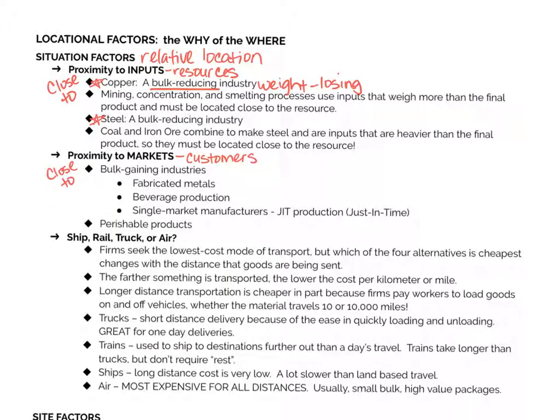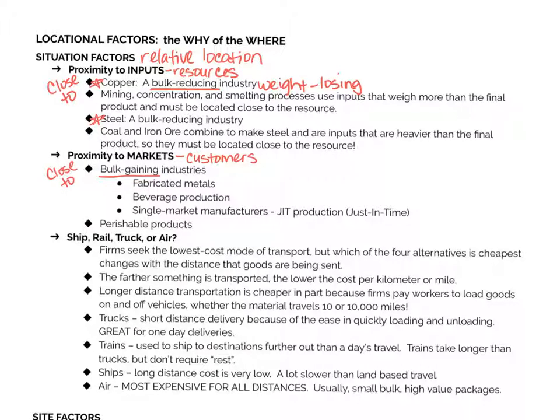So we fancy it up and we call them markets. If it's proximity to market, it's kind of opposite of proximity to input. Where proximity to input was bulk reducing, this is bulk gaining. So what does that mean? What is the product doing? It's gaining weight. It's getting heavier. It gobbled up a lot and came out bigger.